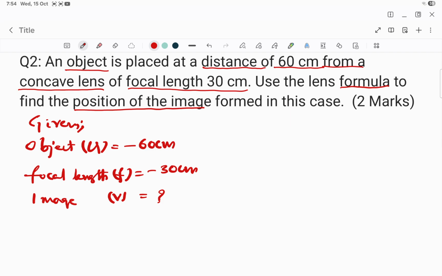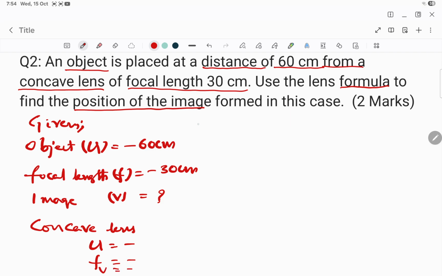Now it is a concave lens. For a concave lens, object distance is negative, as well as focal length also negative, and even image distance should be negative for a concave lens.